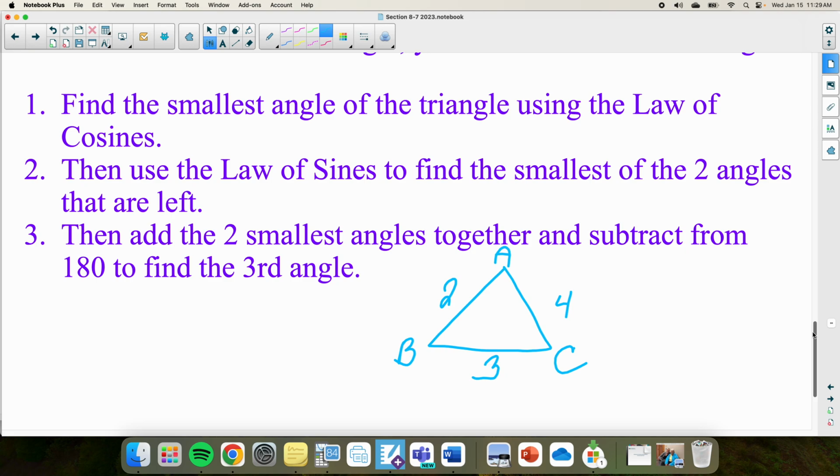For the second step here, you can do Law of Sines, and one thing I've found over the years is some kids like Law of Cosines to find an angle better, so you really can use either of these laws in step 2, okay? And that time, you're going to find the smaller of the two angles that are left. What angle would you find second? A, because it's across from the middle side. And then once you know the two, it's easy to find the third. Just add and subtract from 180.